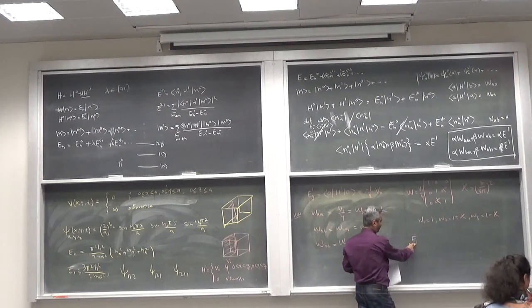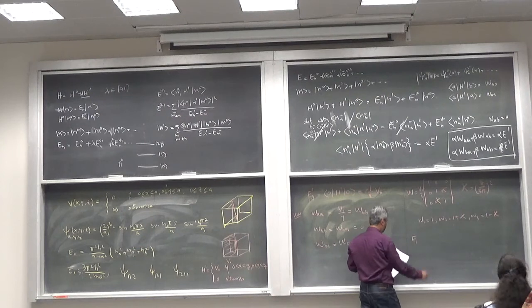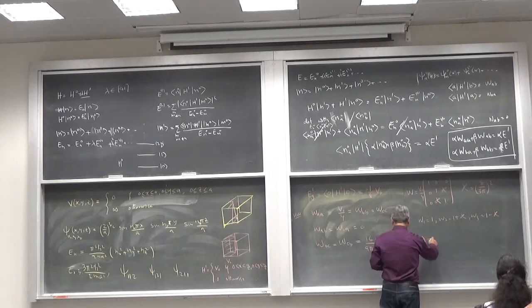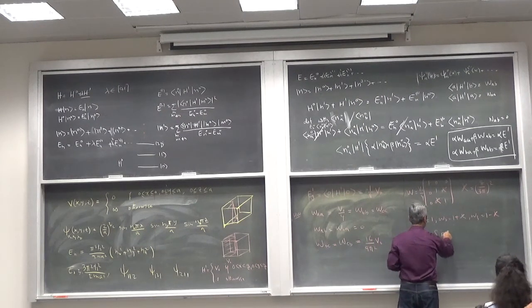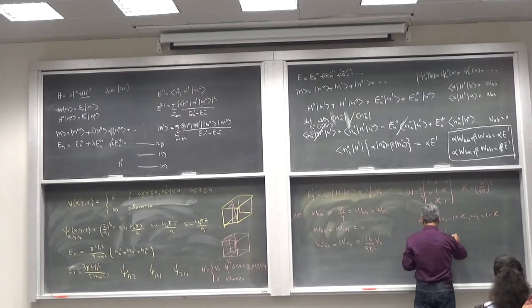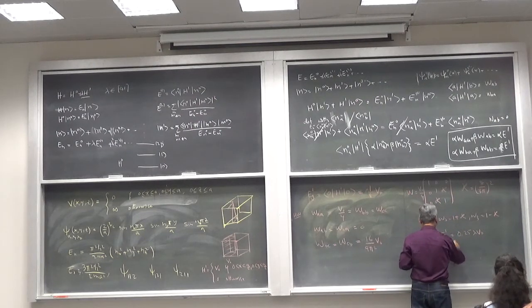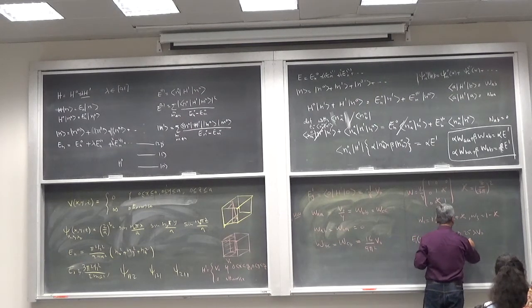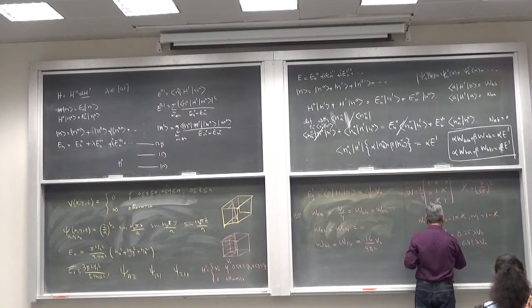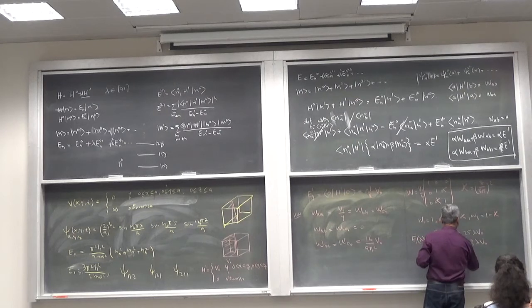So the first order, this is n equal to 1, so the first excited state, lambda. This can be written as E01 plus 0.25 lambda V0, E01 plus 0.43 lambda V0, and E01 plus 0.07.